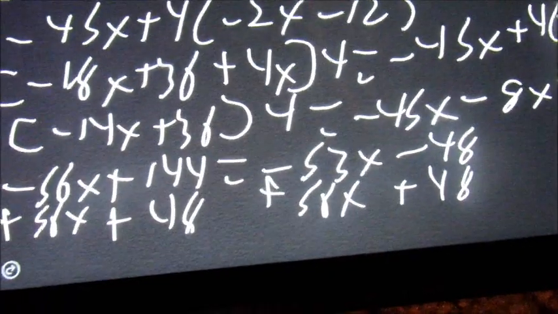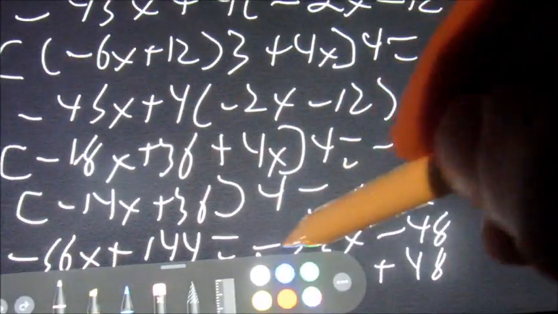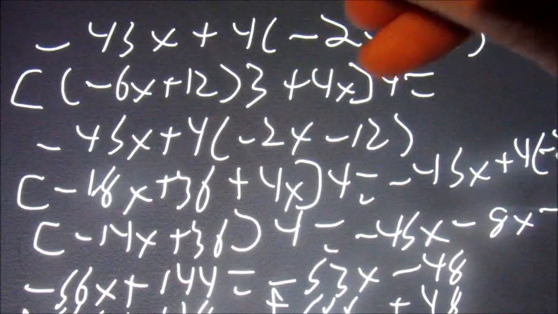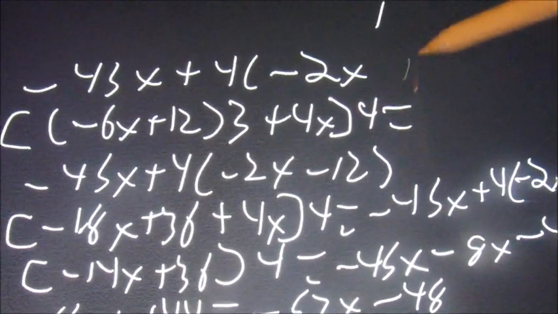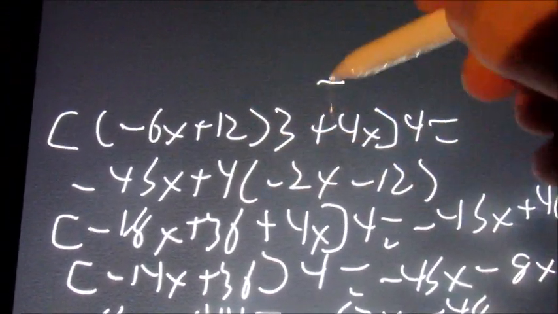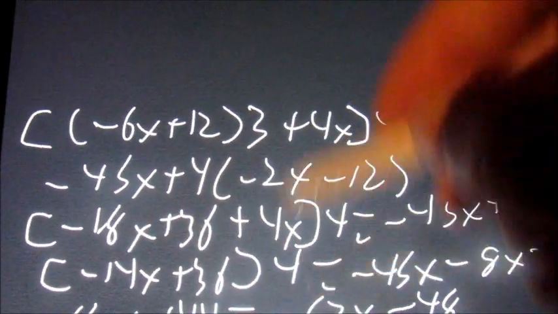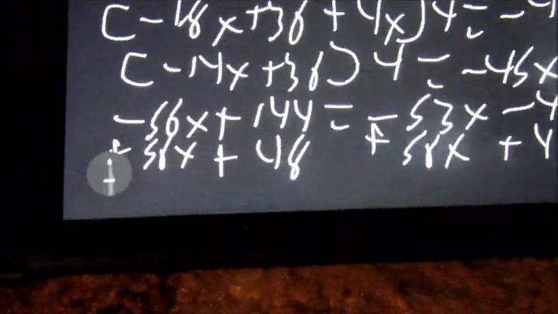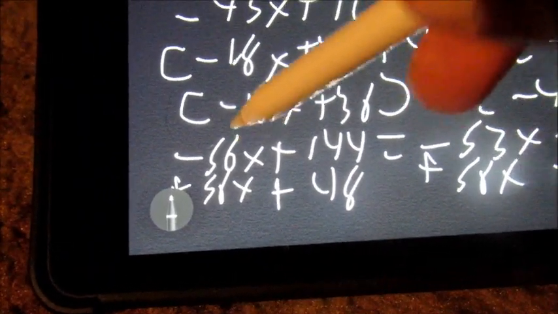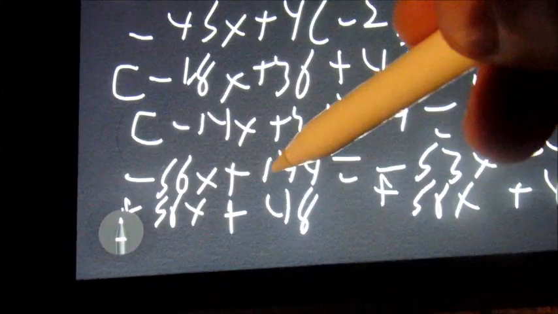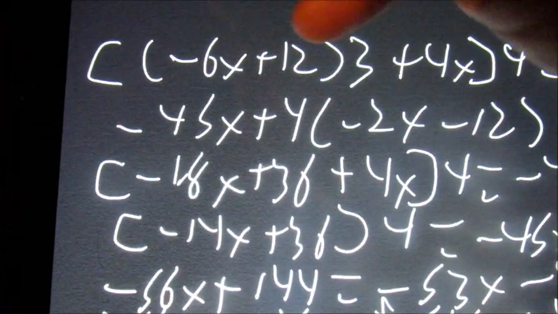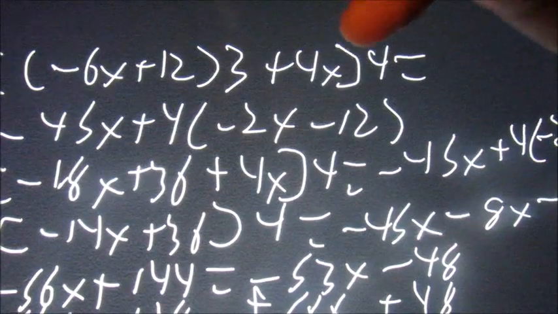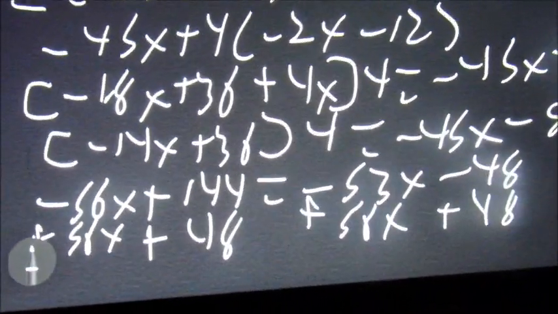And now I don't have enough room here, so I'm going to delete the top part. All right, so now we have negative 56x plus 56x is 0. 144 plus 48 is 192, equals negative 53x plus 56x is 3x, and minus 48 plus 48 is 0.